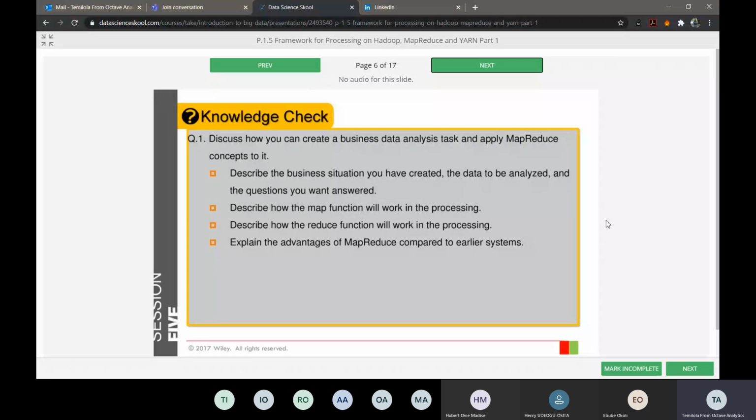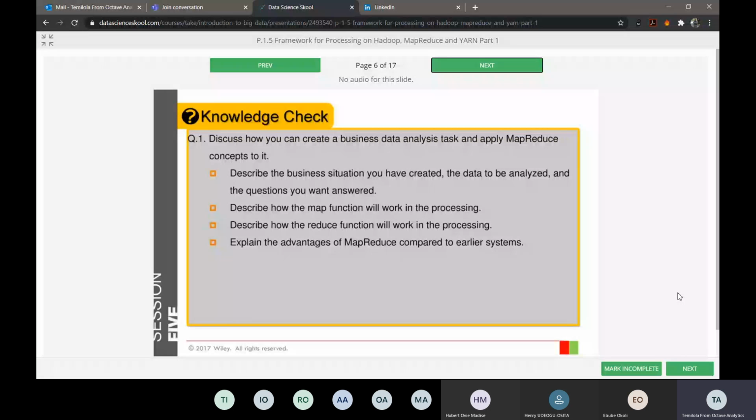Okay. So the major advantage of MapReduce over earlier systems is that you're able to get your results faster. Because of what? Because of your distributed computing and your parallel computing technology. Another thing about MapReduce is that you can pass in your data in any format, be it unstructured, structured or semi-structured.